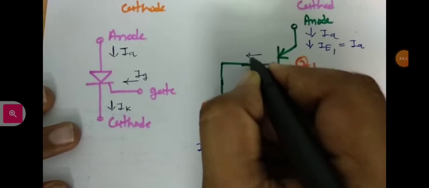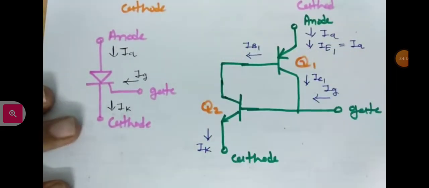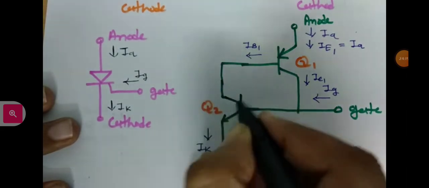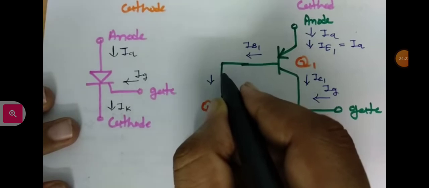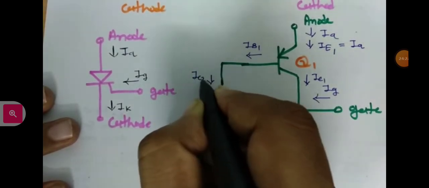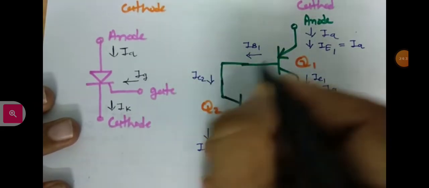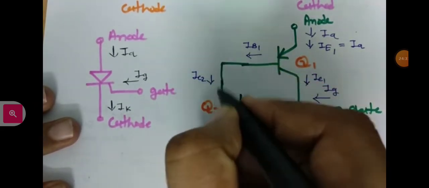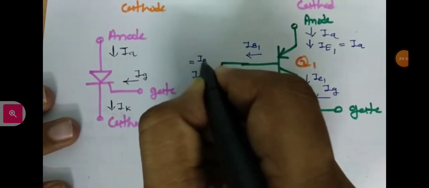Over here the current is IB1, and for the second transistor this current is a collector current, so I will say this is IC2. IB1 and IC2 are equal, so one can clearly see that IB1 and IC2 are the same.